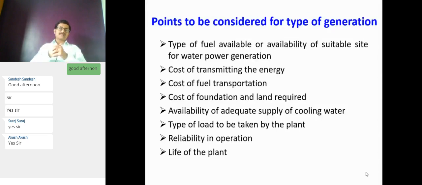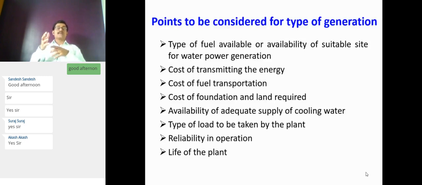Then the cost of fuel transportation. Definitely, as far as coal or oil, that is diesel, is concerned, and for the gas turbine power plant as well, the cost of fuel transportation needs to be taken into consideration, isn't it?